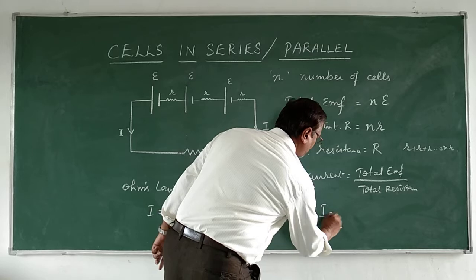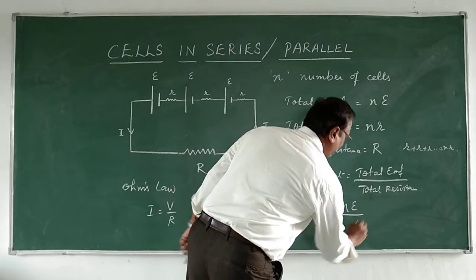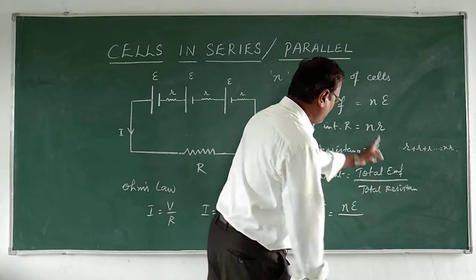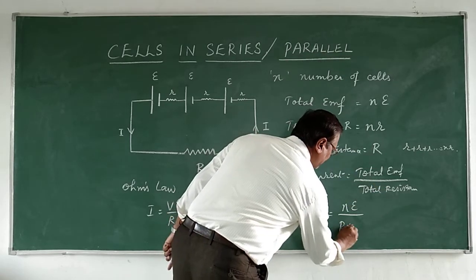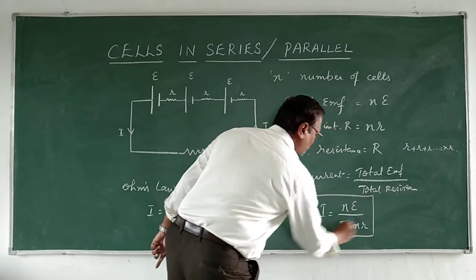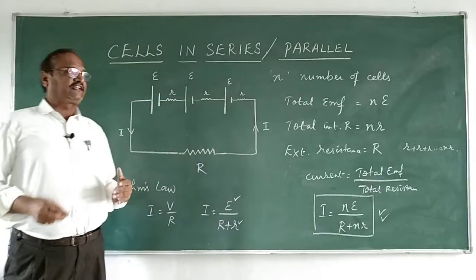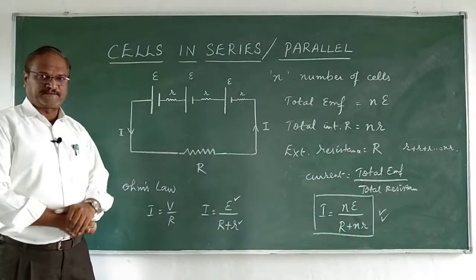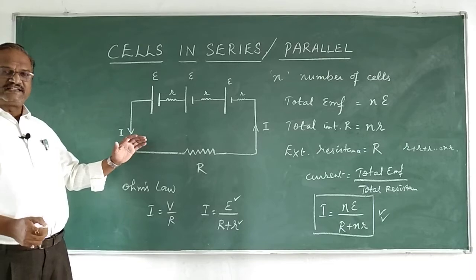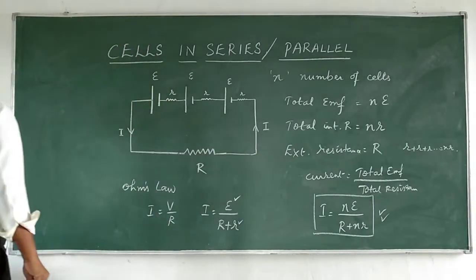So I is equal to total EMF, which is N epsilon, divided by total resistance, which is R plus N into r. This is the formula which we use to find the current when the cells are grouped together in a series way. I hope you understand this, right? This is the formula and you can use it to solve the problems.